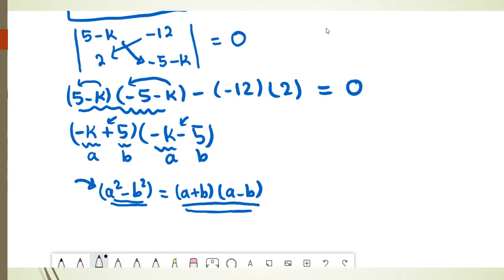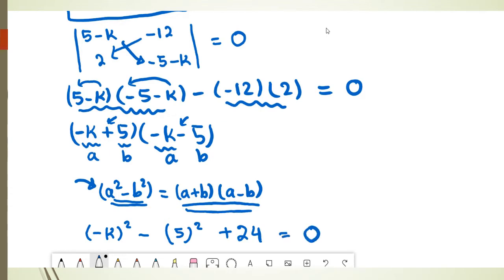So we will write minus k squared as a squared, and then minus b squared is 5 squared. And then minus, we write this down as minus 24, so minus minus is plus 24. This is all equal to 0.